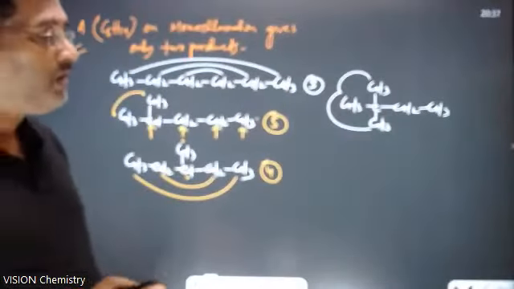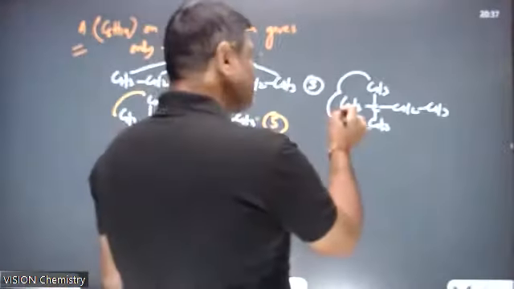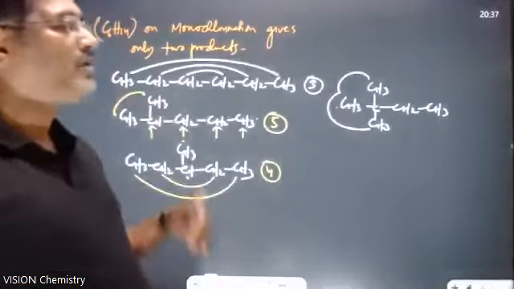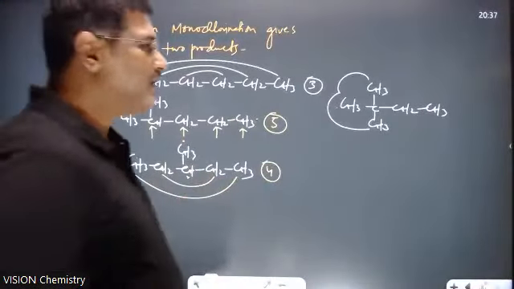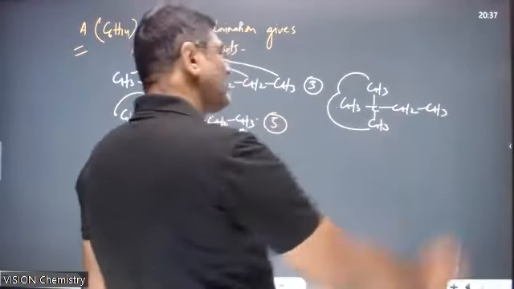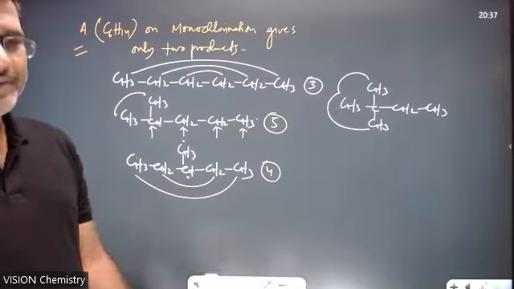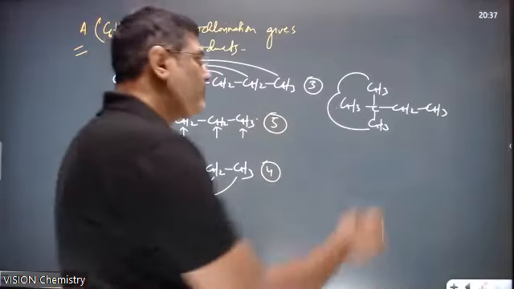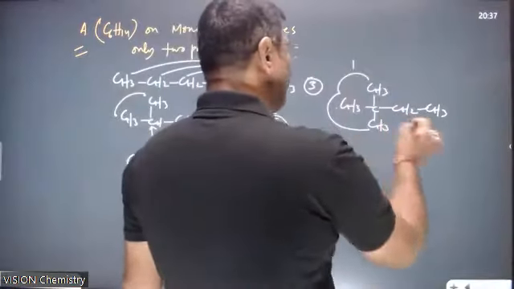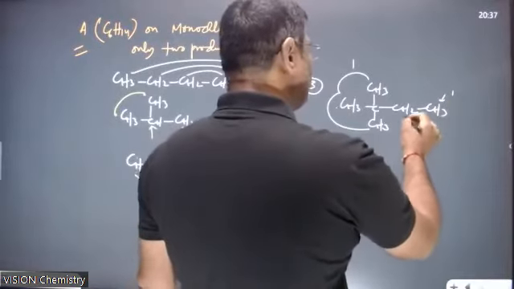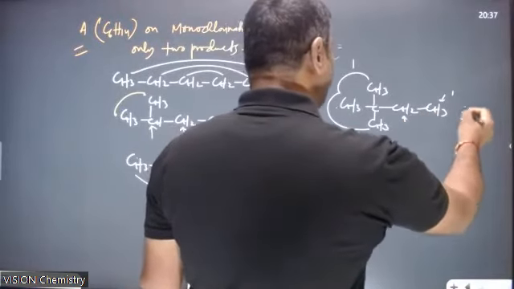No. Because if the reaction takes place here, this will be 1 chloro 2 2 dimethyl butane. If the reaction takes place there, this is 1 chloro 3 3 dimethyl butane. Both are different. So these will be giving one product, this will be giving one product, and this will be giving one product. Total 3 also.